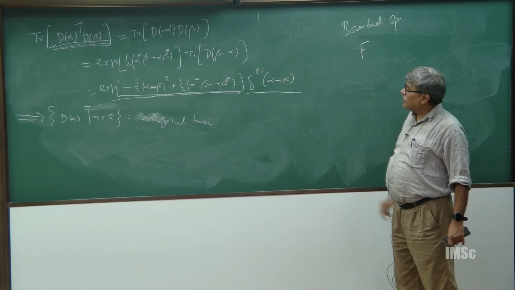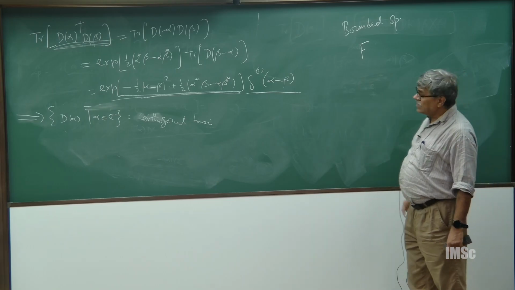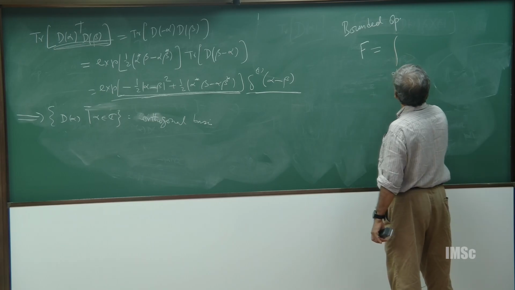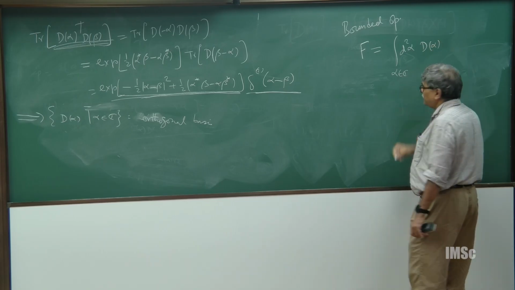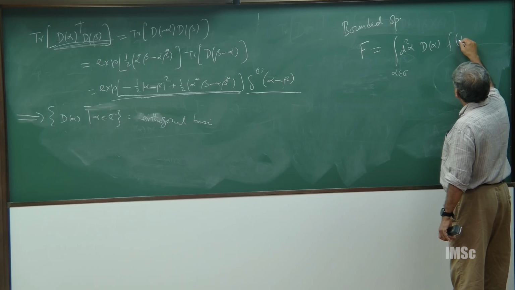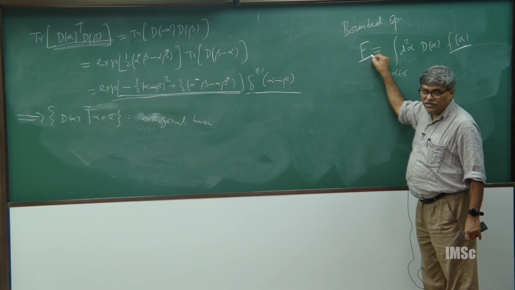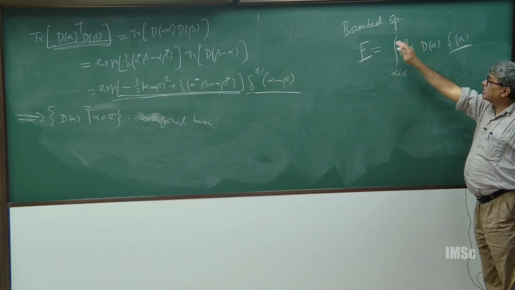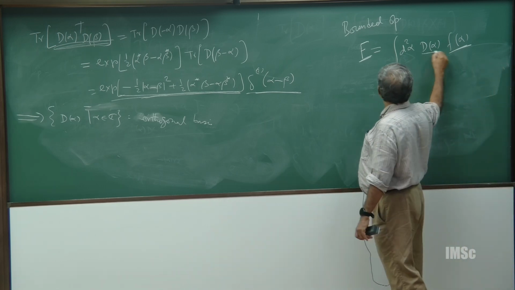So if I take any bounded operator, then I can express it as an integral of D of alpha times some function of alpha. This function of course depends upon this operator F. So any bounded operator can be written as a linear combination of these displacement operators.